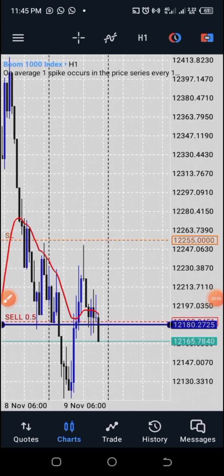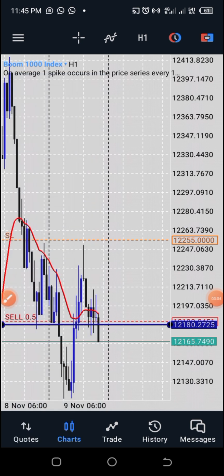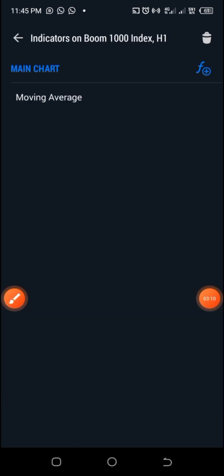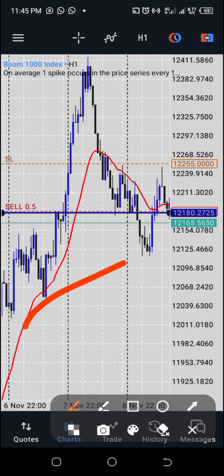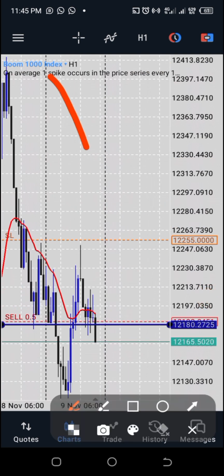If it is on MT4, you will be clicking on something like this one. On MT4, you will click on something like this. But this sign is for indicators. On MT4, you will see it somewhere around here. But on MT5 Deriv, let's go here.